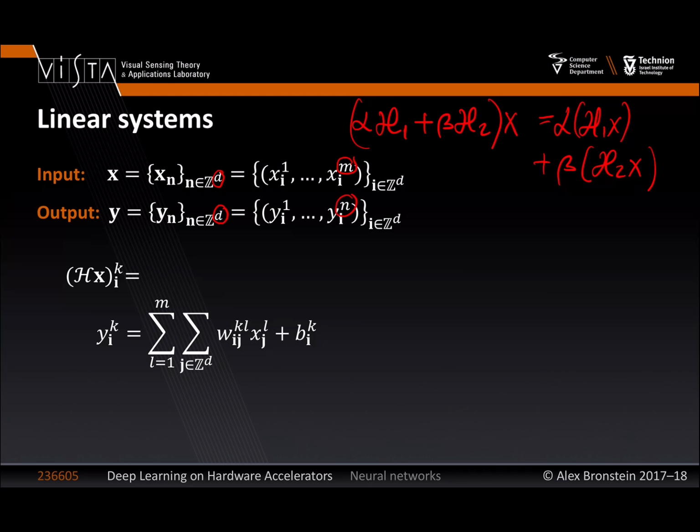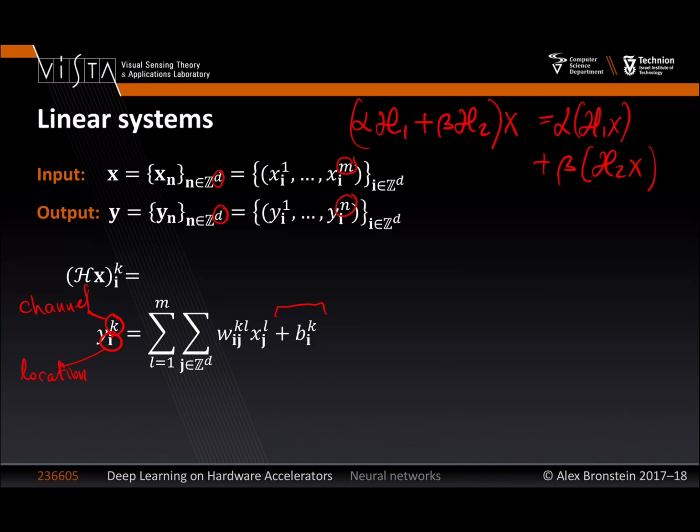I'm also taking into account this affine term that can be added. Okay. So basically, pay attention. I'm looking at the kth channel in the output at location i. So this is the channel, and this is location. And location is d-dimensional. Again, think of an image. It's two-dimensional. It's actually a pair of integer coordinates, i1 and i2, x and y, right?